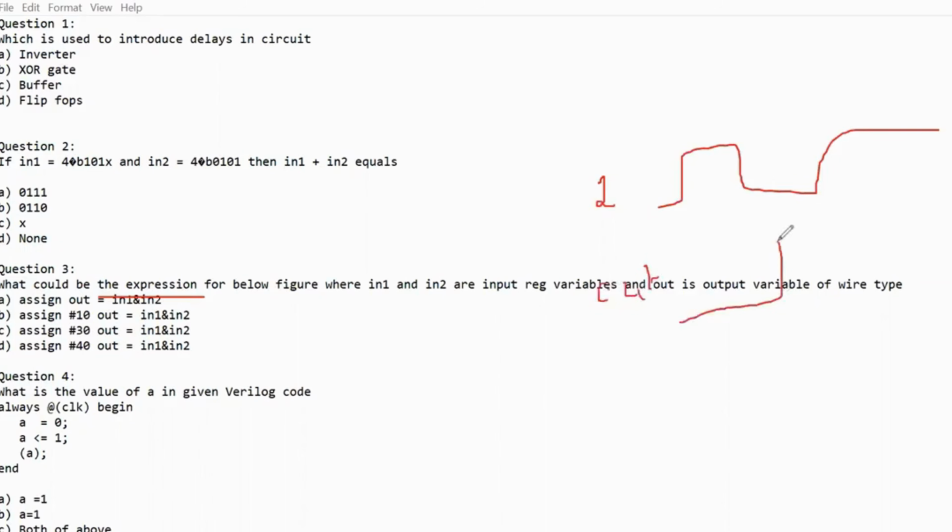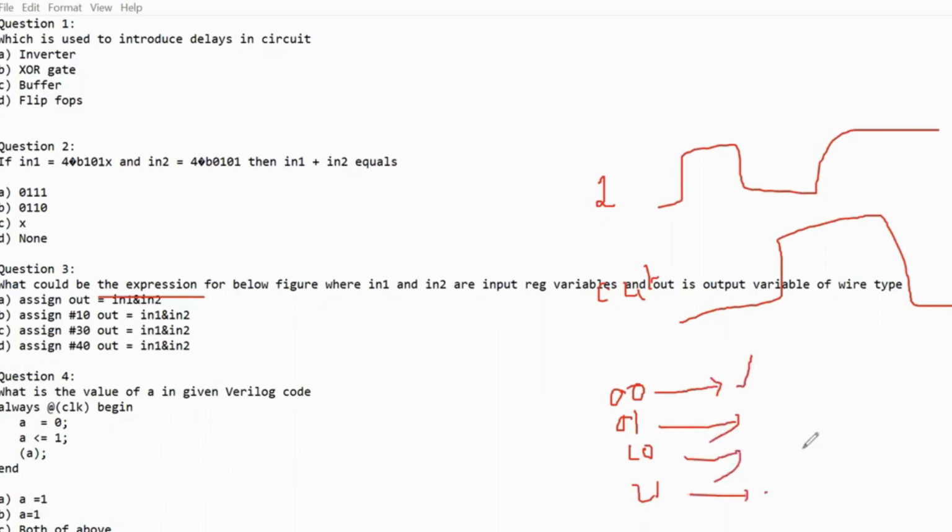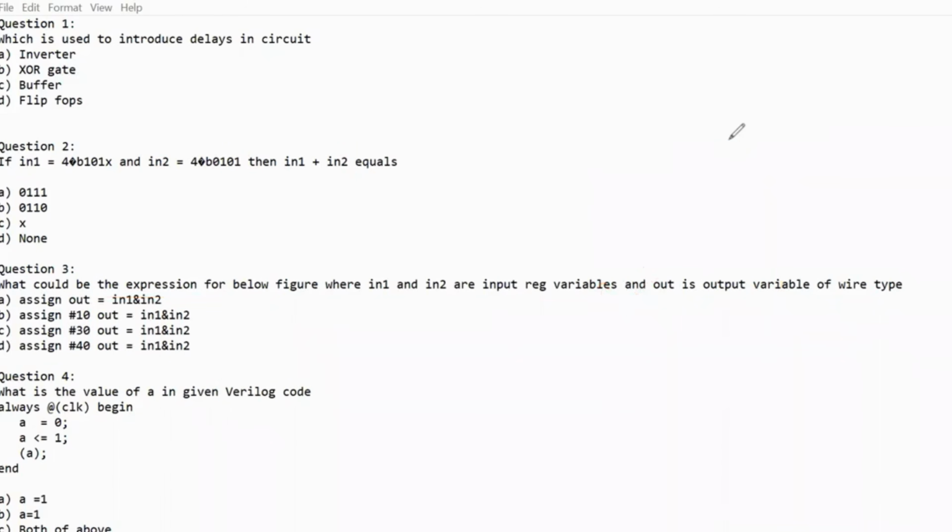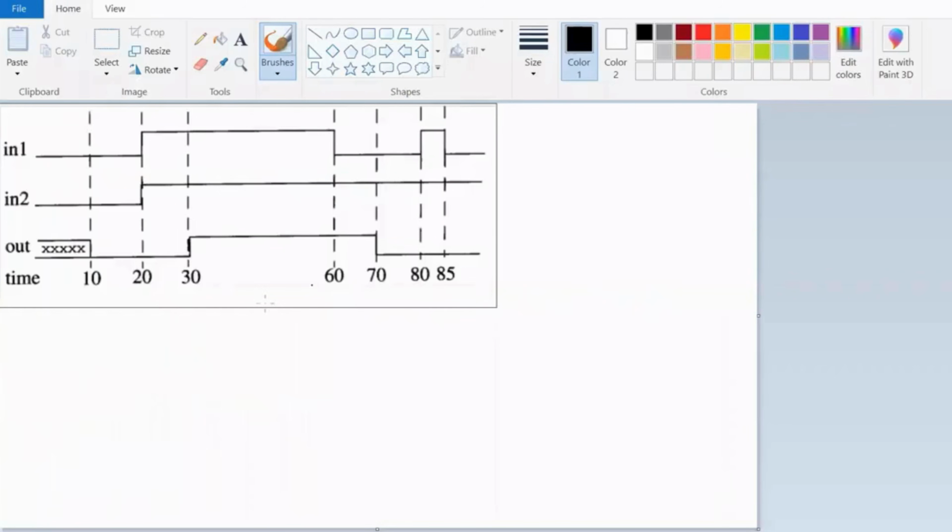You need to get the output expression based on the two inputs. You need to search for the scenarios 00, 01, 10, 11. For 00, what output is it getting? For 01, what output? For 10 and 11, what output? These four conditions you need to check in the waveform. Like that you can tell what exactly it is performing.